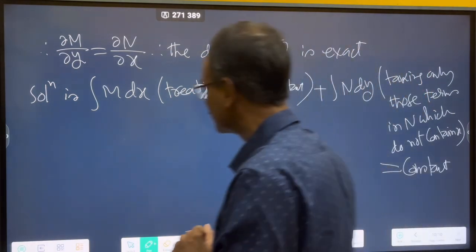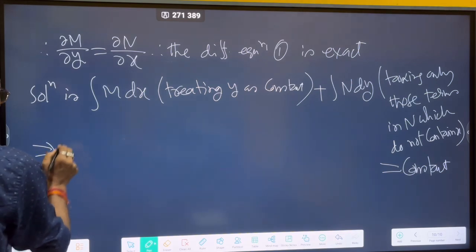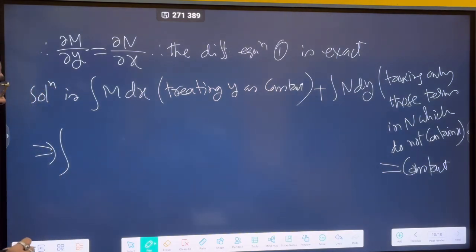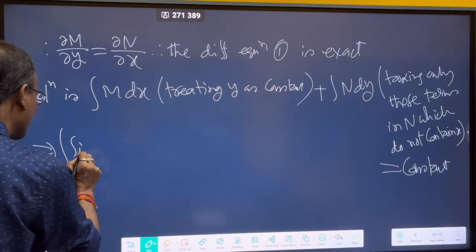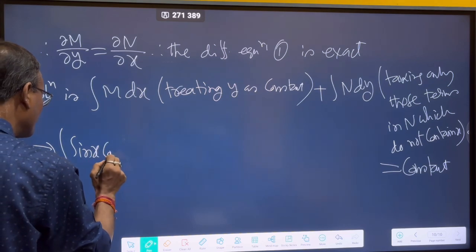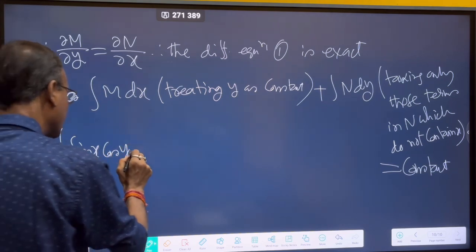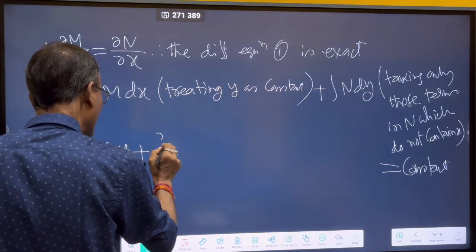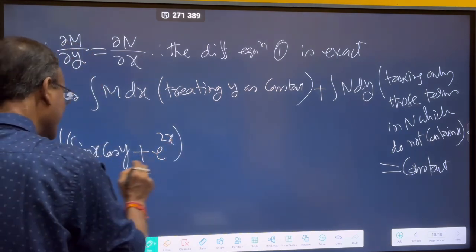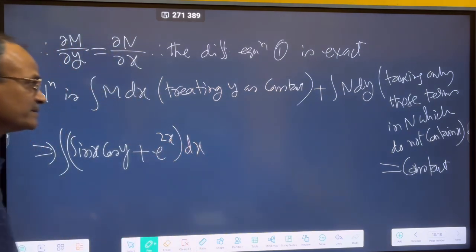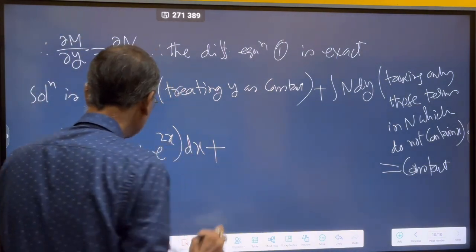The solution is this. What is M? Sin x cos y plus e to the power 2x, dx, treating y as constant, plus what is N?